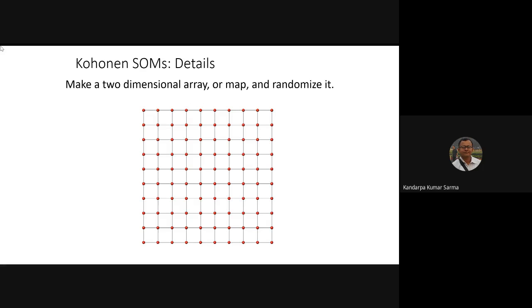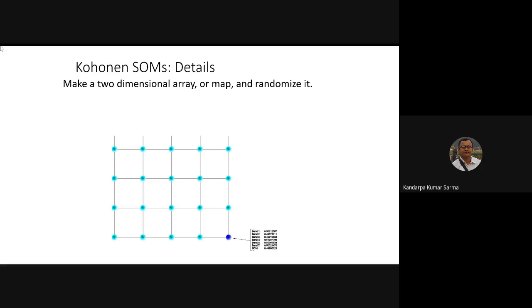So here is the SOM's two-dimensional map. First, you will be randomizing it. Once you have the two-dimensional map randomized, you will feed in the weights. Once you feed the weights, the neuron that has the closest match with the samples will take the value.